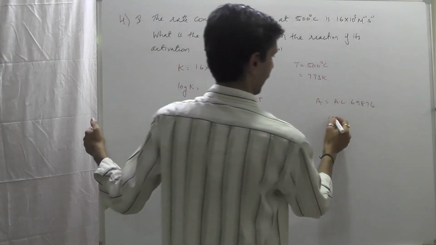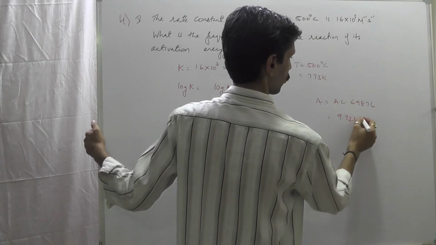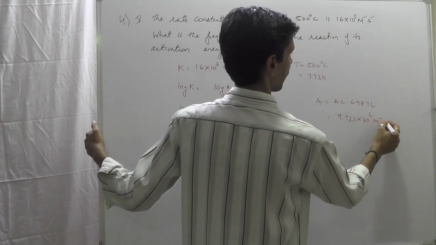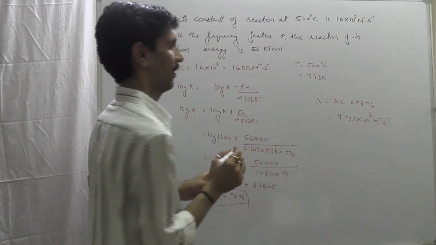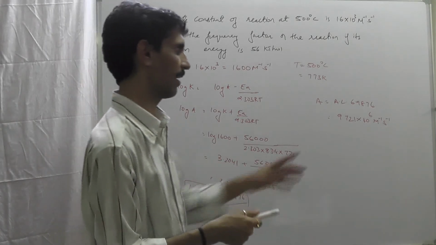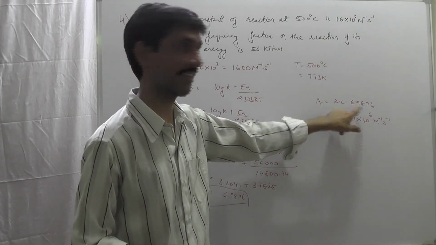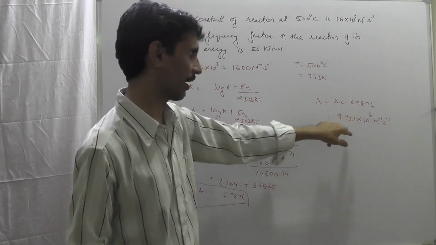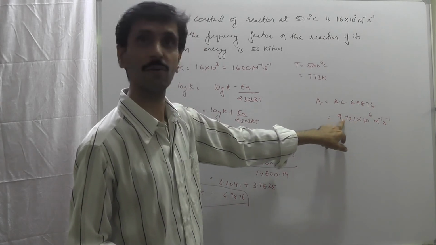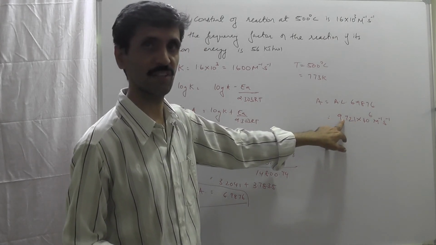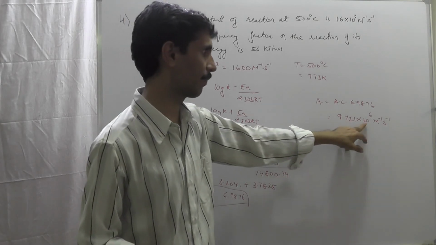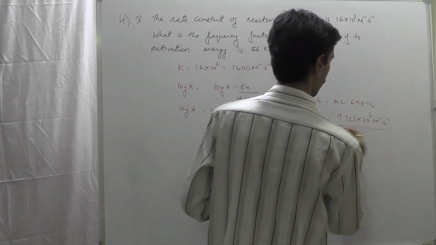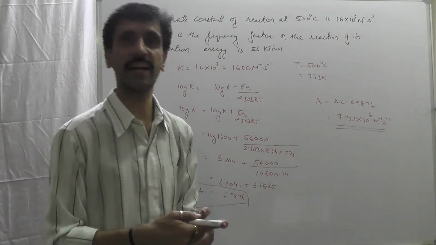So therefore what we get is 9.721 into 10⁻⁶, and the units will be the same, and that is S. Okay, so in this way we will get the answer. This 6 is of course the characteristic, so that will be 10⁻⁴ of the characteristic, and the antilog of 0.987 is going to give you 9721. So put a decimal point after the first digit and then multiply by 10⁻⁴ of the characteristic. So you got the final answer, that is 9.721 into 10⁻⁶.